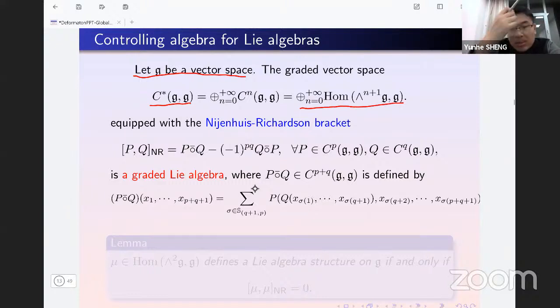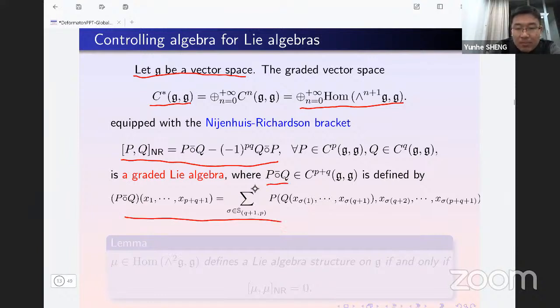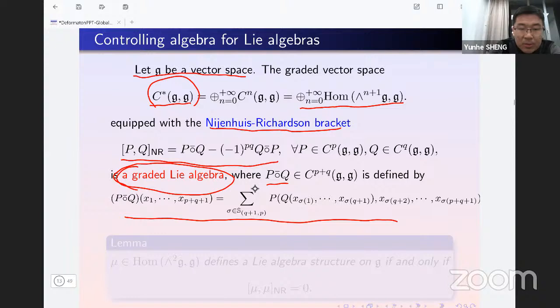On this graded vector space, we have the Nijenhuis-Richardson bracket, defined by this formula. The bracket of P and Q is equal to the composition of P and Q minus the composition of Q and P, where the composition is defined by this formula. It turns out that this graded vector space together with the Nijenhuis-Richardson bracket is a graded Lie algebra.